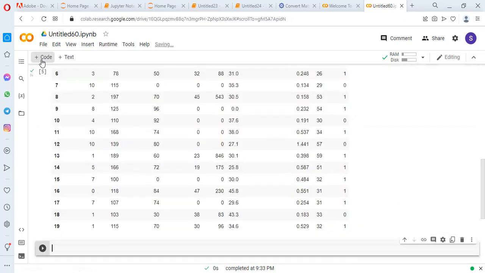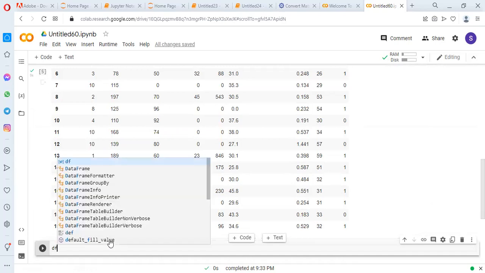Now, if I want to know how many columns are in the data frame, I will say df.columns.